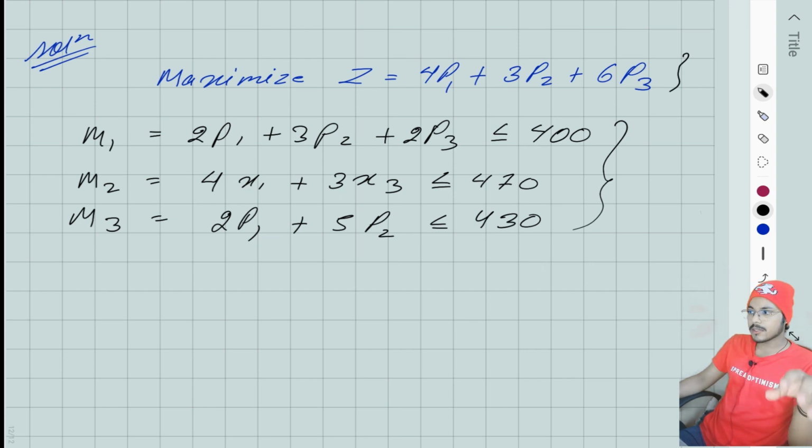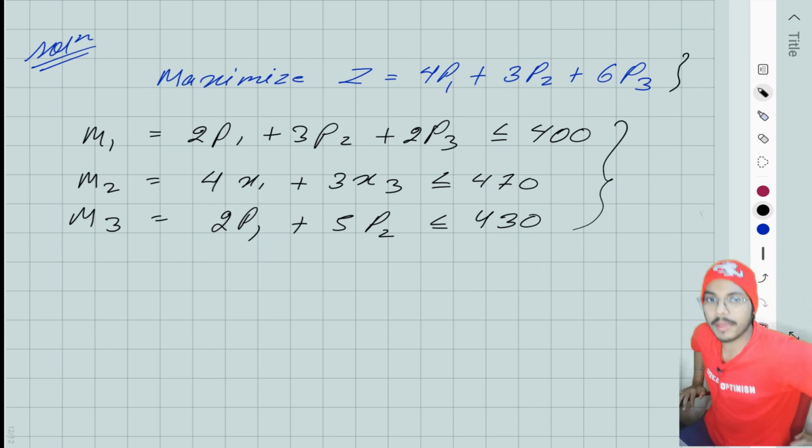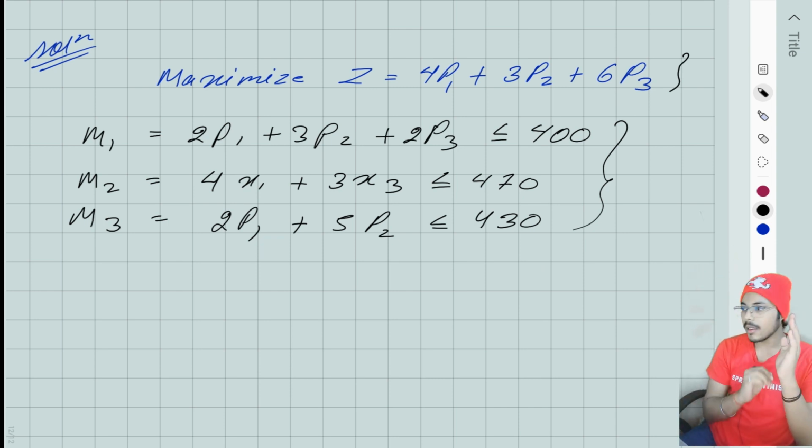Suppose you are making mixed juice. M1 is apple, M2 is orange, M3 is pineapple. If M1 is apple, you can only use 440 apples per day, and M2 is orange, you can use 470 oranges per day, and for M3 you can use only 430 pineapples per day. Think like that.